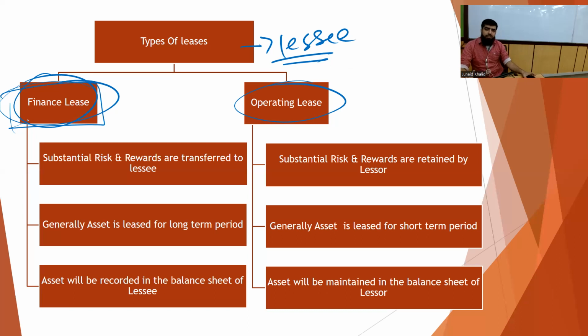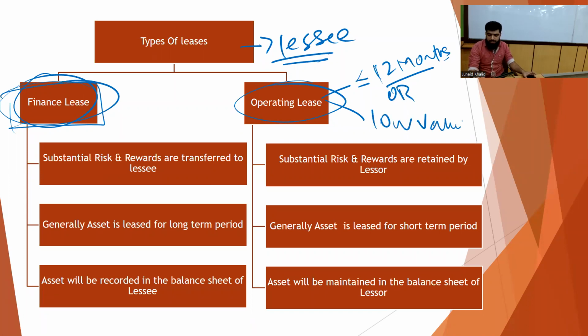If the company wishes to classify the lease agreement as an operating lease, they can recognize the operating lease, but only if the lease term is equal to or less than 12 months, or number two, if the lease is of a low value item.